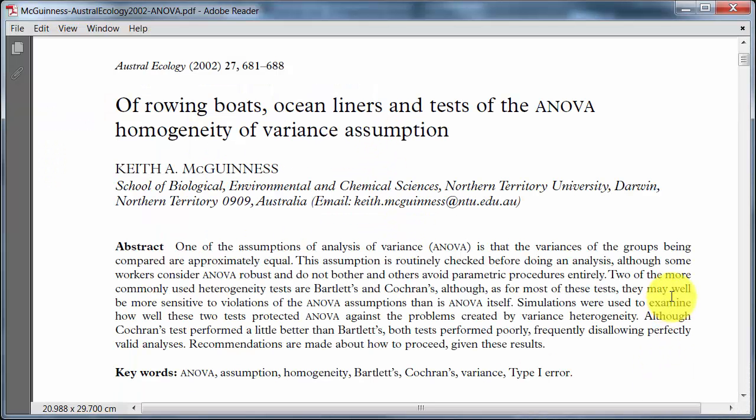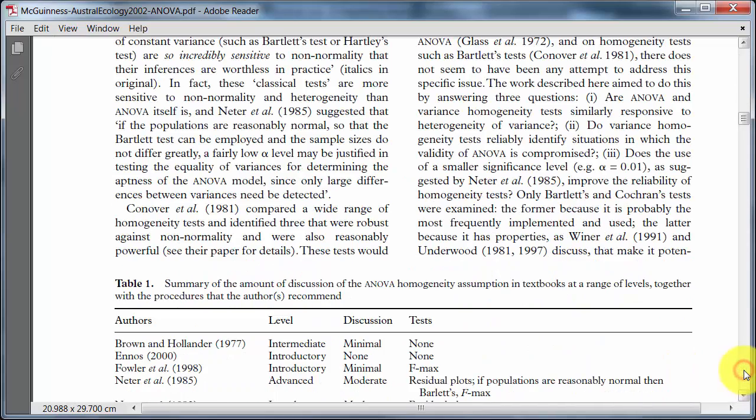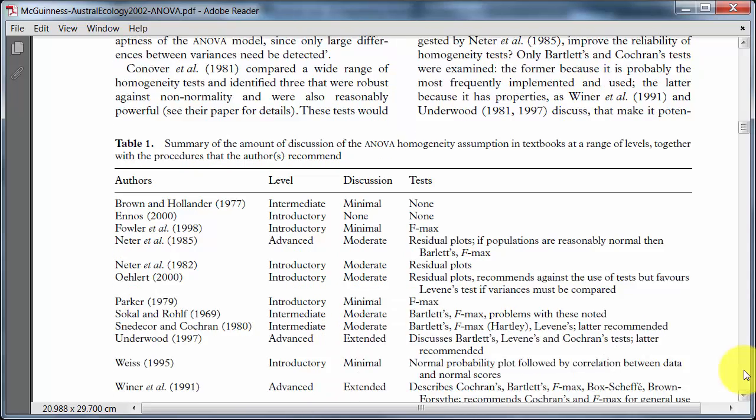This paper, which I wrote some time ago, was looking at 2 test procedures, Bartlett's and Cochran's, which aim to tell you whether or not it's safe to proceed with an analysis of variance. Now, that's only 2 of quite a few.